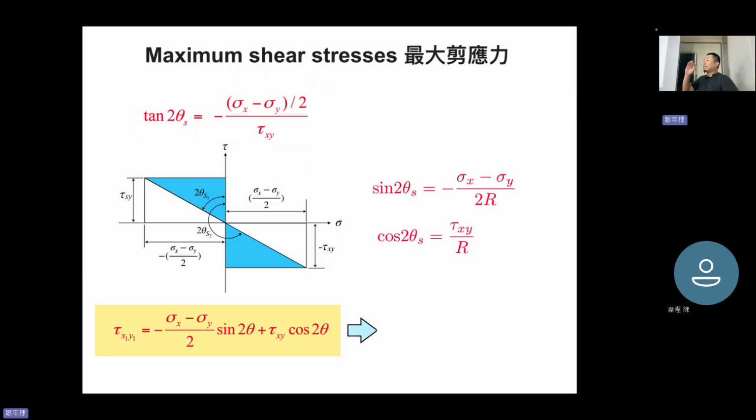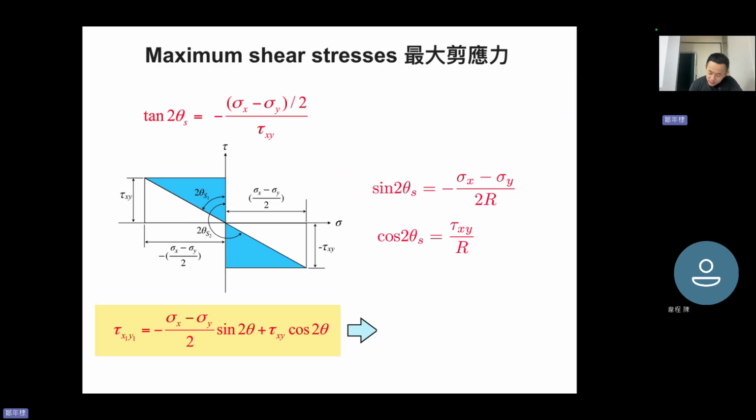And then you can do exactly the same thing here, okay? But this time, you can see this is the sigma-tau coordinate, right? And then you find that this is minus and this is tau positive. So here is minus (sigma x minus sigma y)/2, and this is tau xy, and this is 2 theta s1.